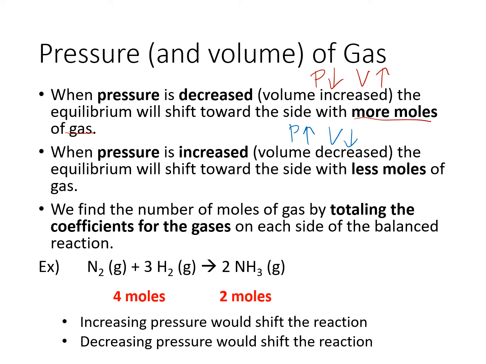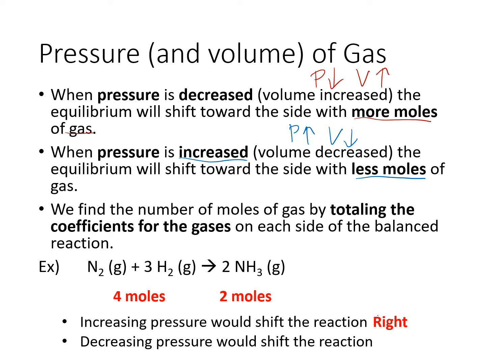So increasing pressure would shift the reaction. So if pressure is increased, it's going to shift the reaction to the side with less moles. In this case, it would shift it to the right because we have less moles of total gas. So when we increase the pressure, we're kind of pushing all those particles together.